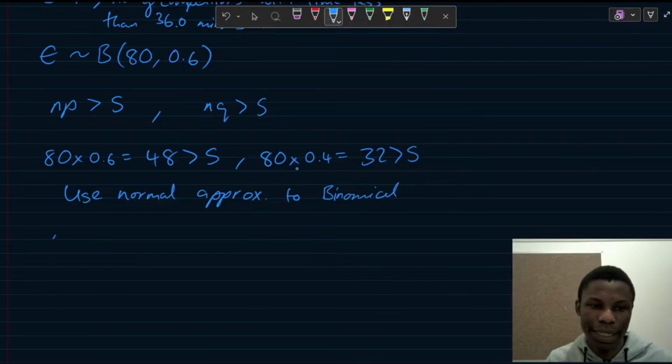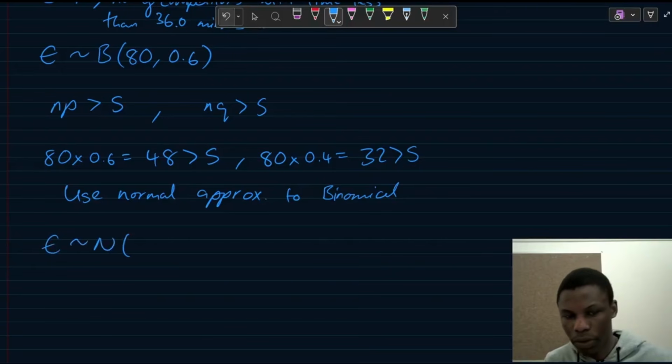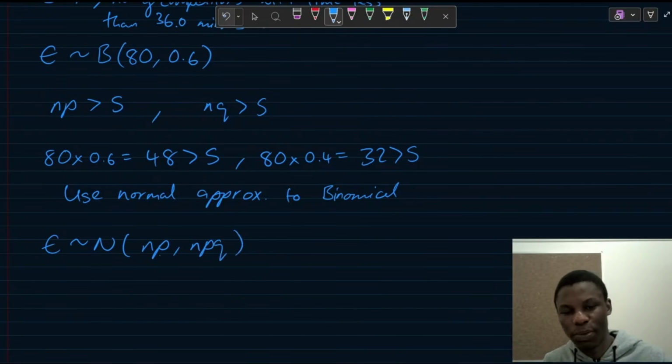And so here we can say that E now follows a normal distribution, where our mean is going to be np and our variance is going to be npq. The mean is the mean of a binomial distribution and the variance is the variance of a binomial distribution. np we already calculated to be 48.